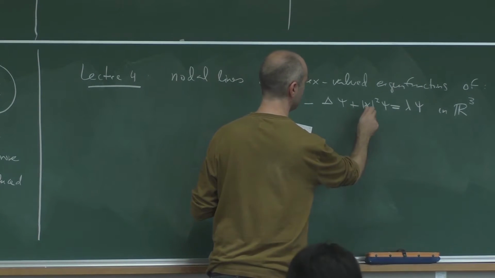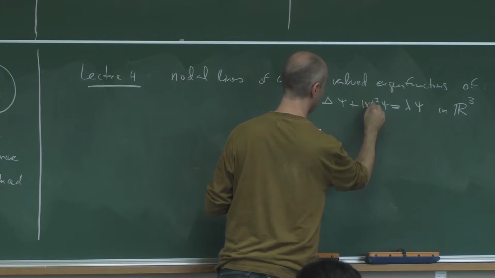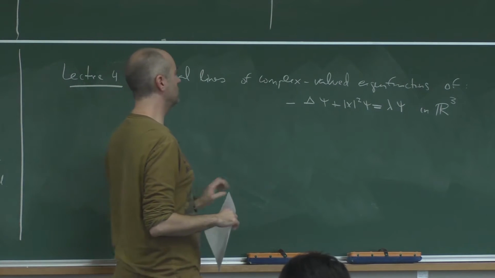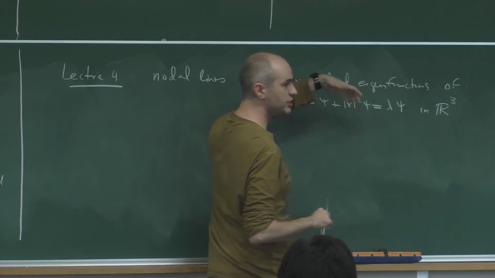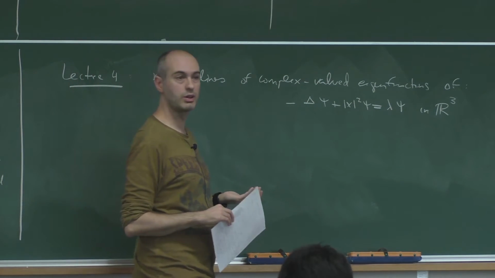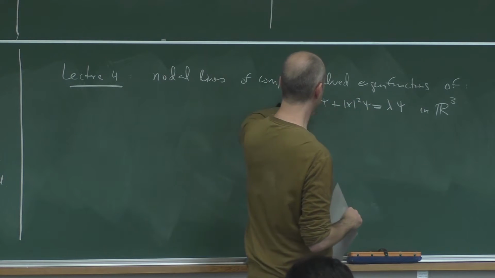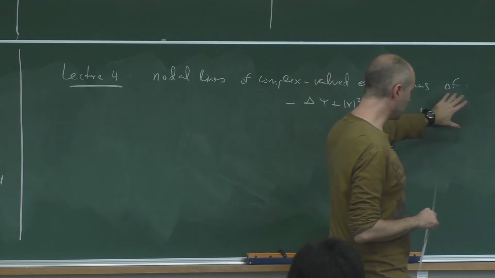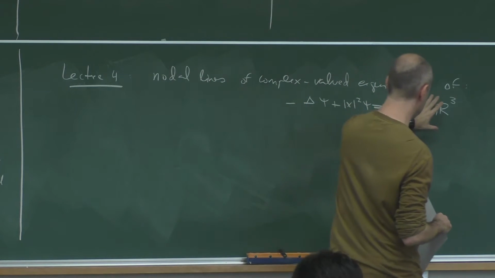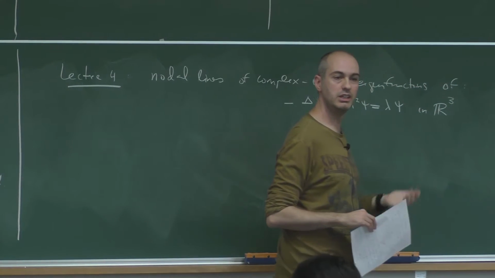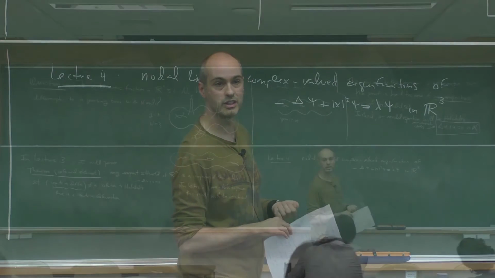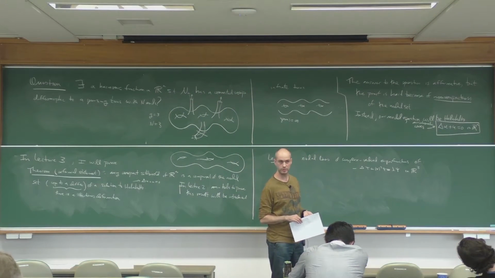Here, the modulus of x is just the distance from the point x to the origin. So this is the classical quadratic potential of the harmonic oscillator. This defines a perfectly well-defined eigenvalue problem in H2, so it has eigenfunctions which are square integrable. Actually, you can write them explicitly using Laguerre polynomials, Gaussian functions, etc.